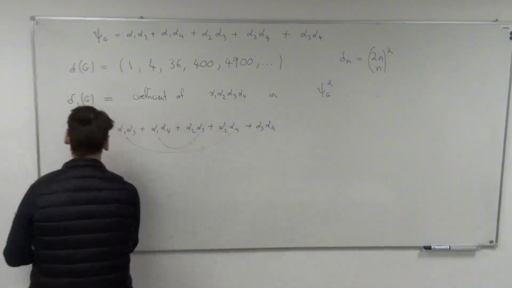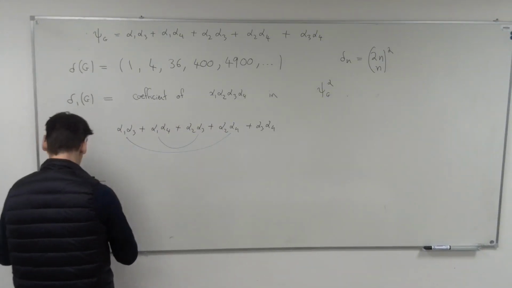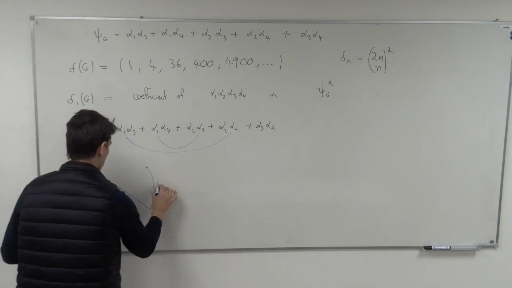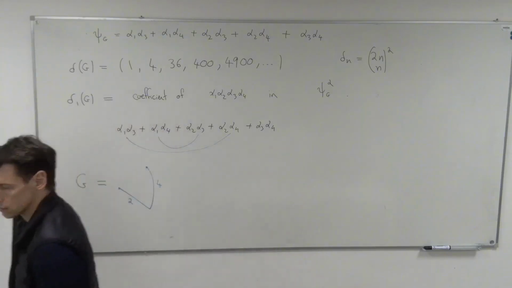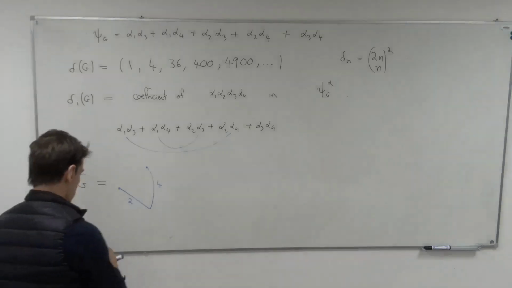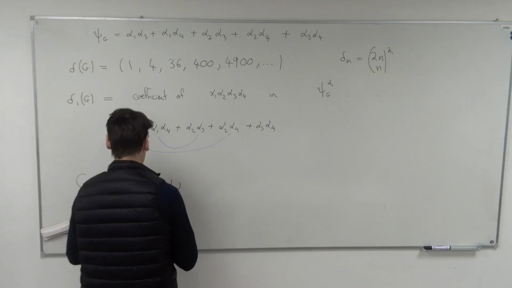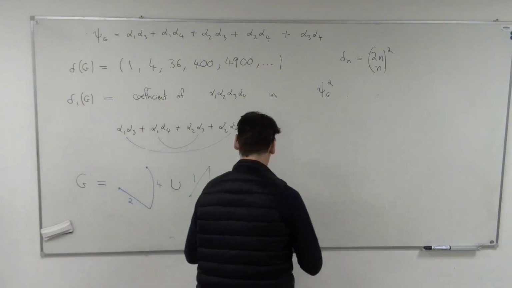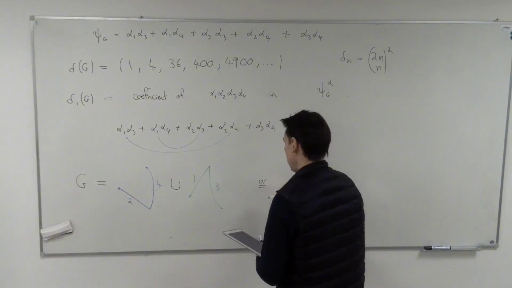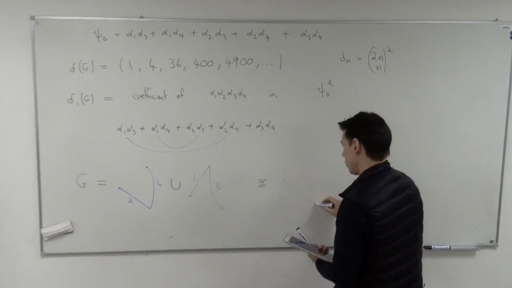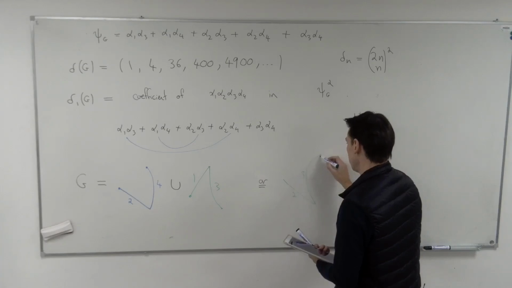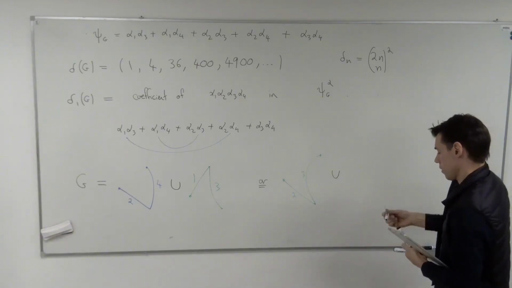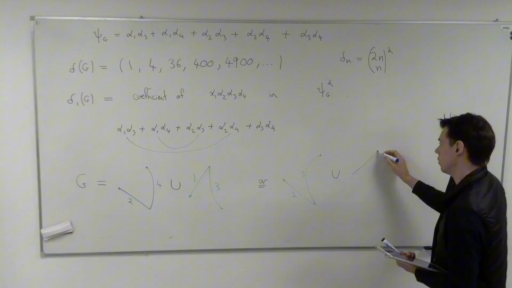So what this is counting, it's saying that G can be written as a union of the spanning tree 2, 4 with 1, 3, or it can also be written as the union of 2, 3 and 1, 4.